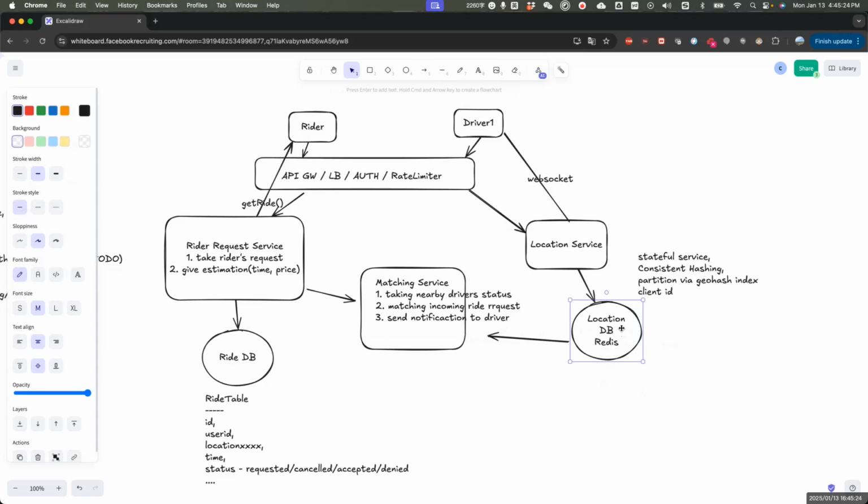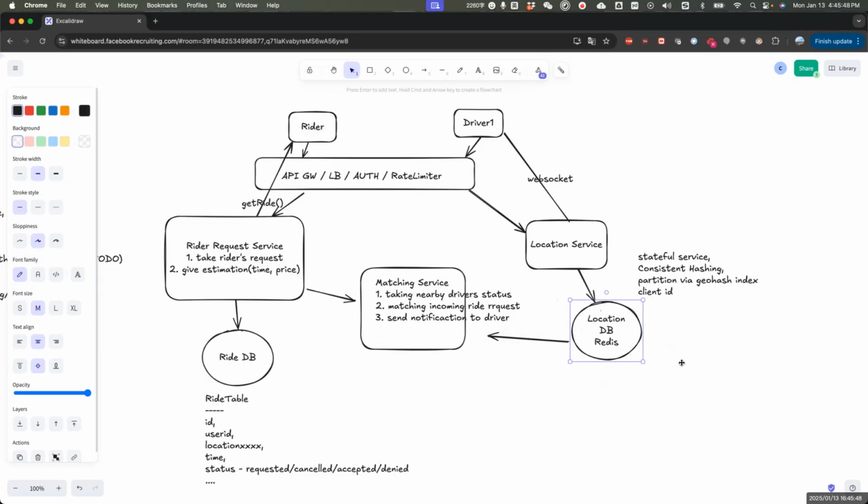So it's improving the throughput whenever we're reporting, because the driver's location is constantly changing. So we could easily apply quick insertion and quick updating of the values.